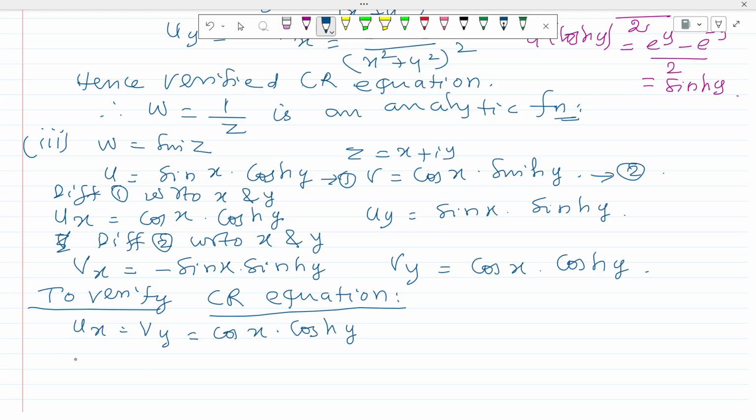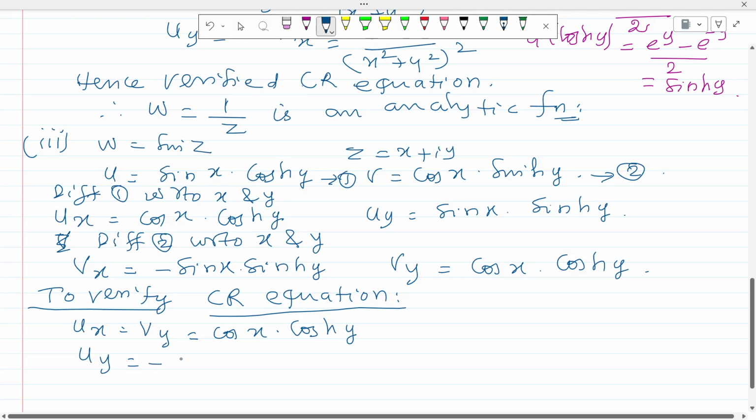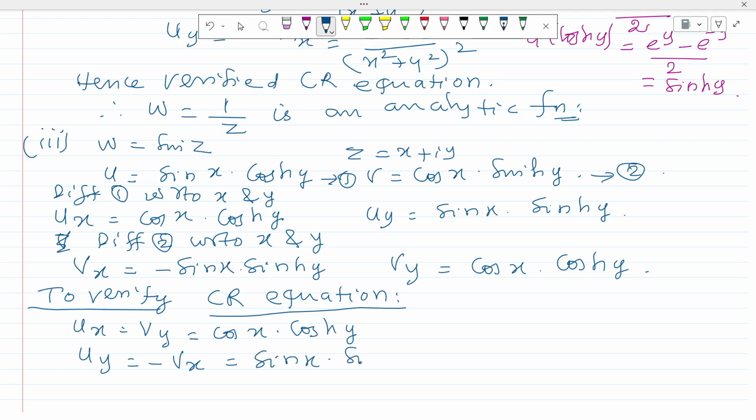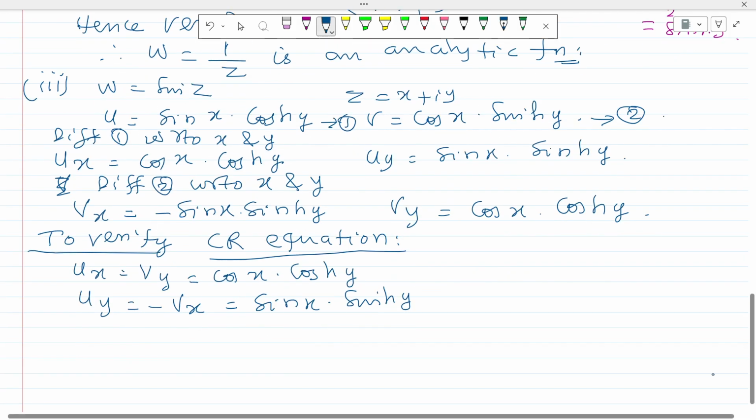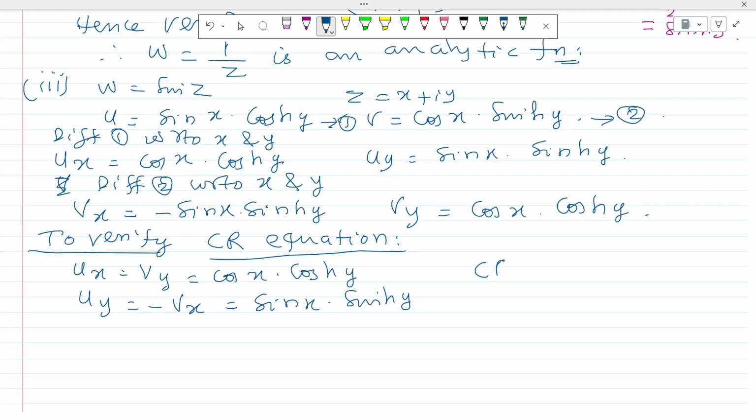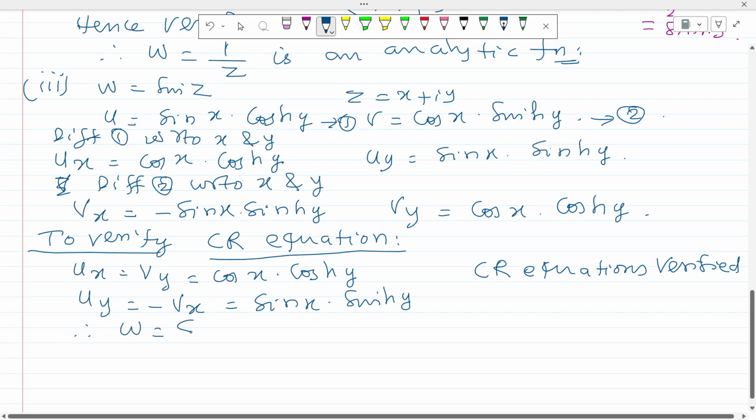Similarly, uy equal to minus vx, that is equal to sin x sin hy. Therefore, CR equations verified. Therefore, w equal to sin z is an analytic function.